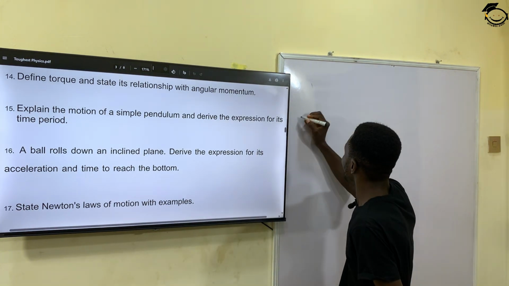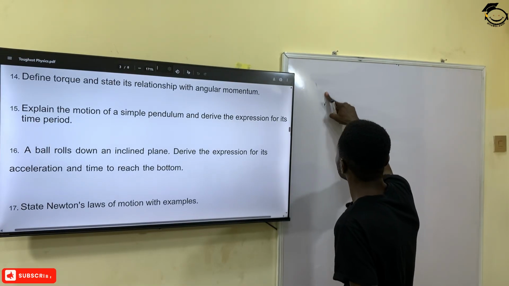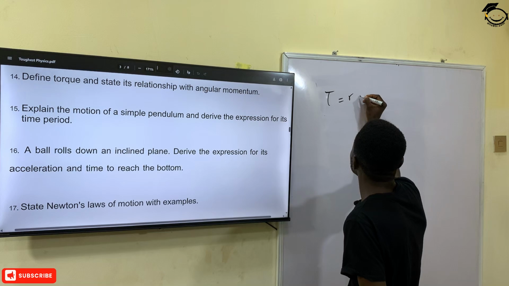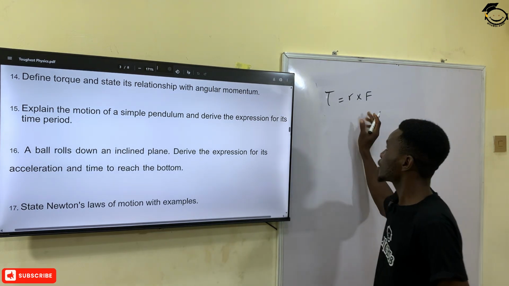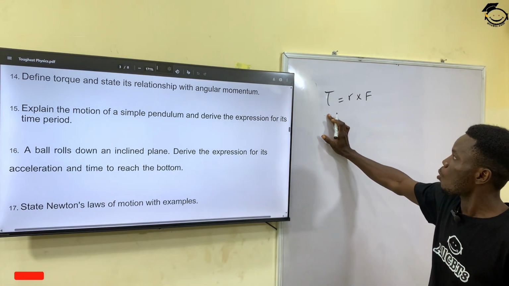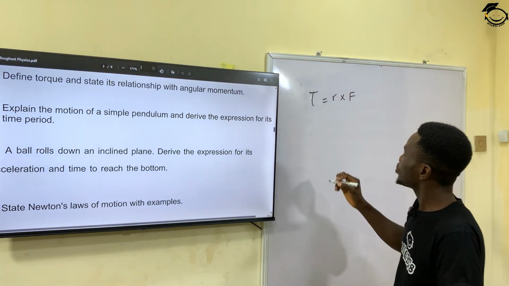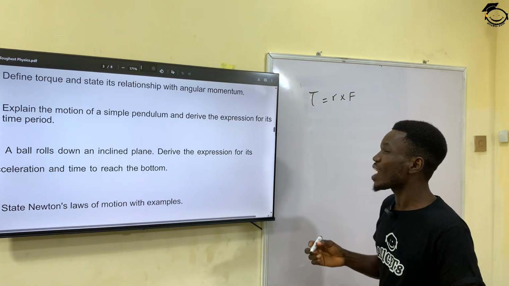What does this mean? It means that torque is equal to the radius times the force. So the rotational equivalent of force is what we call what? Torque. And in terms of angular momentum, it is simply the rate of change of angular momentum.